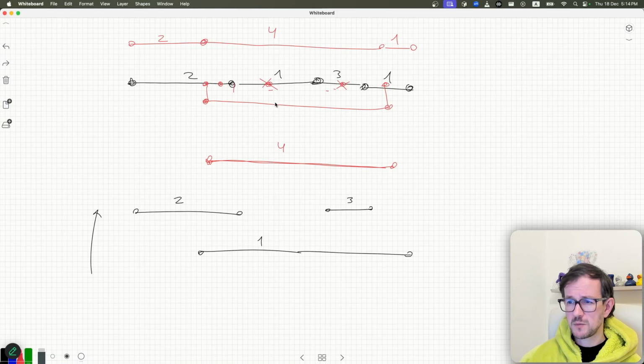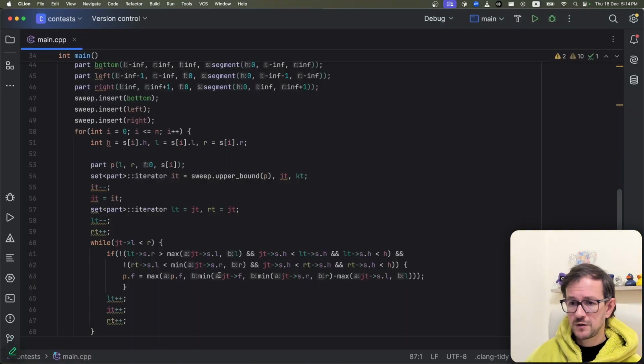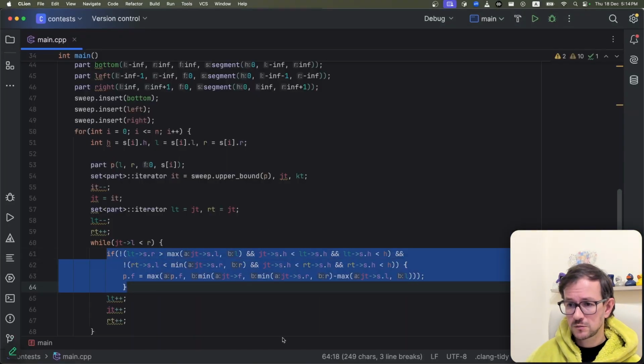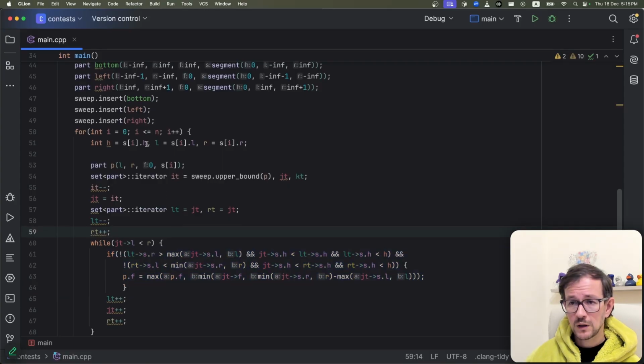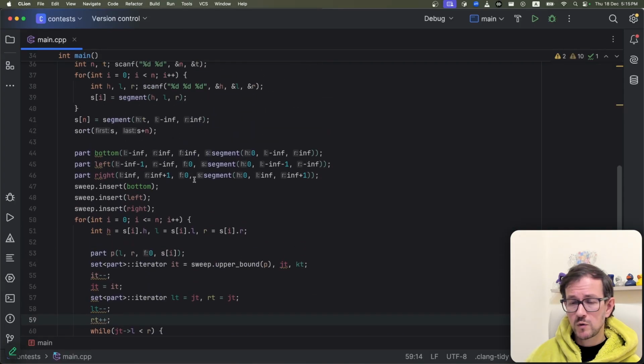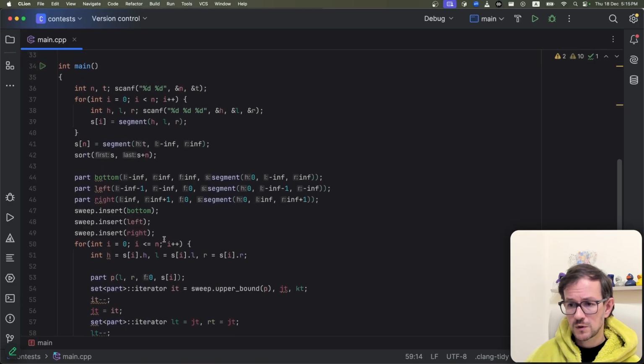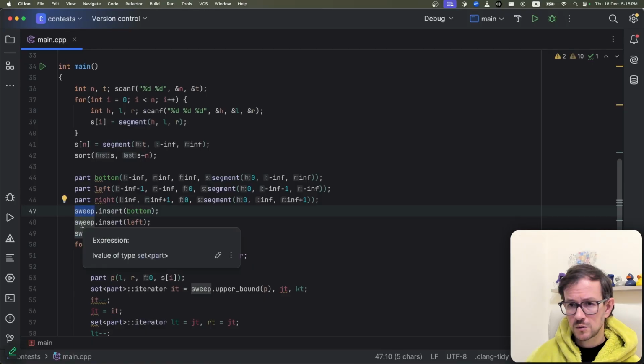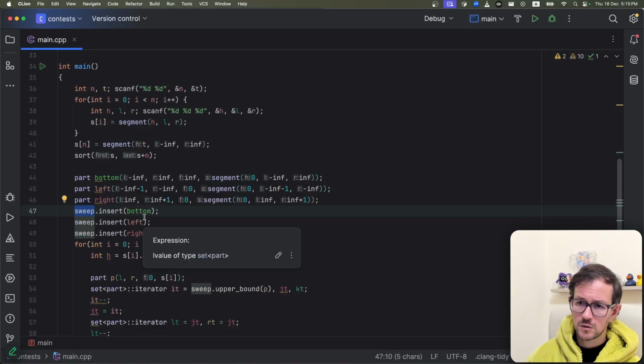Yeah, that might be easier than mine, but still this construction scares me a lot. So again, what we're doing, we maintain this set, the sweep line.